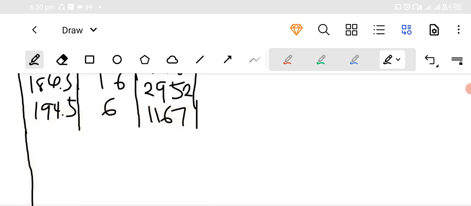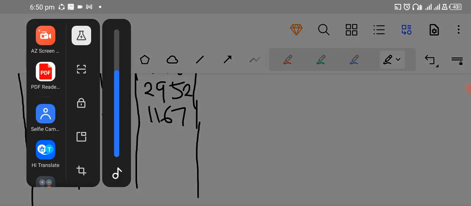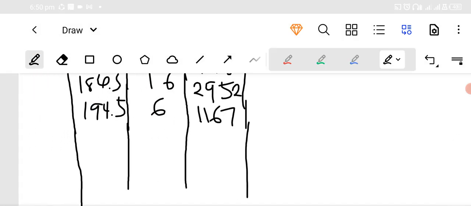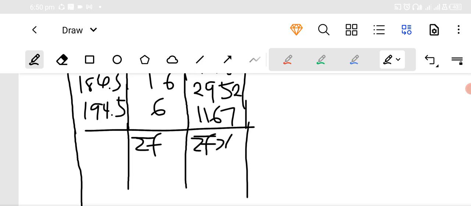Yeah, I think the spaces here are too small. Okay, so the line is supposed to be drawn there, then we say summation of f, summation of fx, which is equal to 150 here, then here it is equal to 24,774.5.